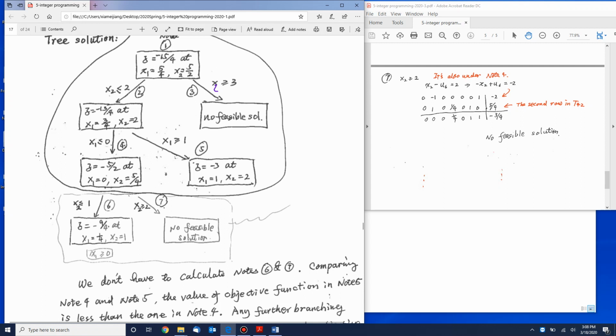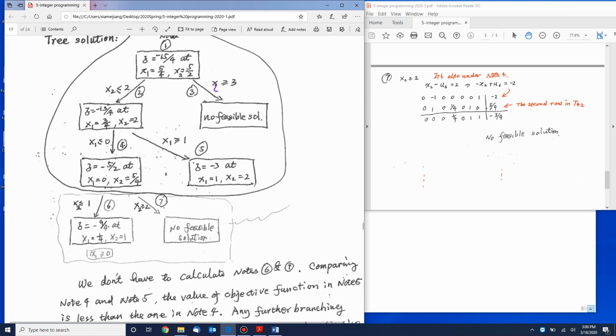And the node 5, we get the result z equals minus 3, which is less than it. But you can compare the optimal solutions at node 4 and node 5. You could see node 4 at this stage that z equals minus 5 over 2 is already greater than z equals minus 3, because this is a minimization problem.